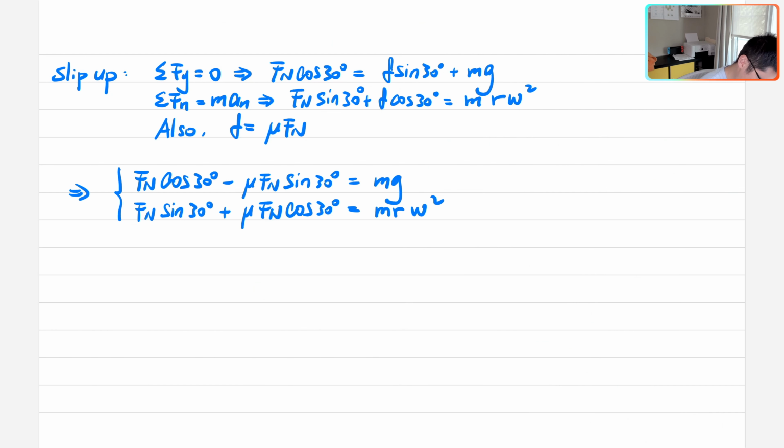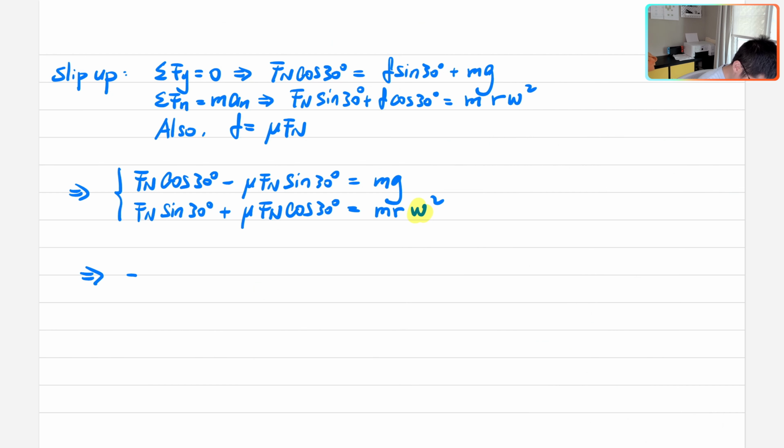And remember, omega is the parameter that we want. If you isolate Fn from each equation and make them equal to each other, Fn will be gone, and you will end up with mu and the angle 30 degrees. m will also be gone as well. Give it a try by yourself. I'm just giving you the answer here.